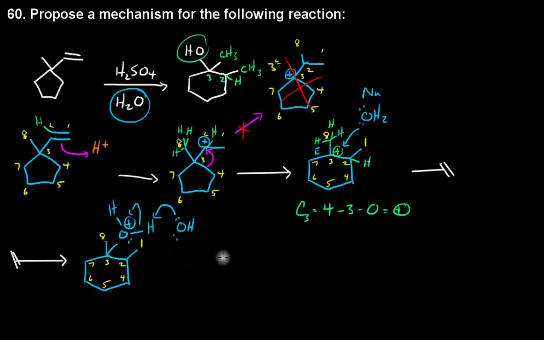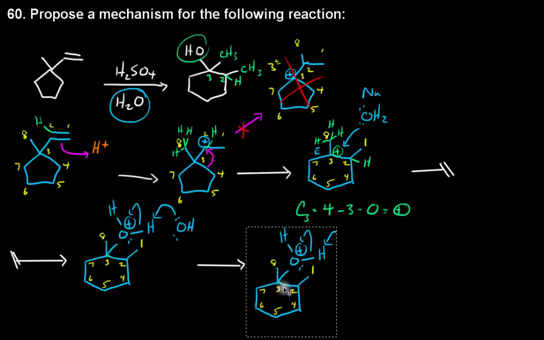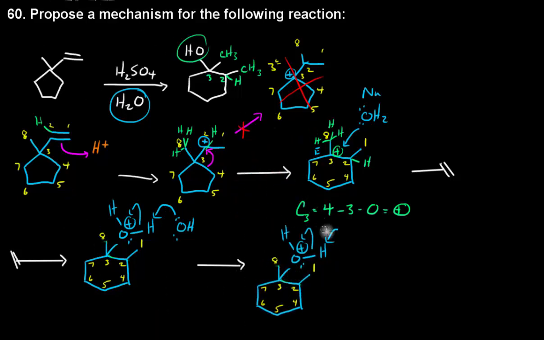Okay, so now we'll redraw this, and we'll get our final product, and it actually will be very nice. I'm going to get rid of these arrows, and again, we broke that oxygen-hydrogen bond, and we used those electrons to form that lone pair on the oxygen to make it neutral.